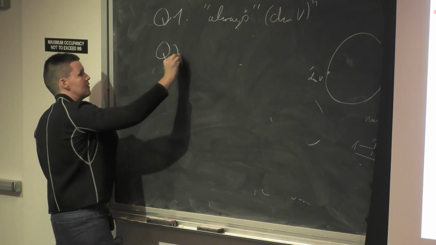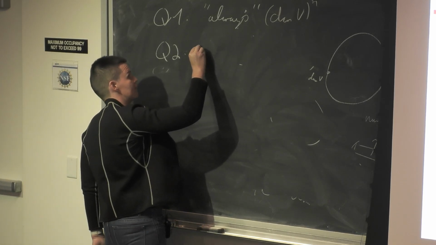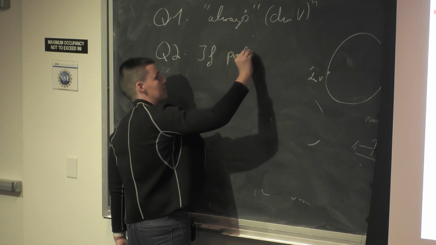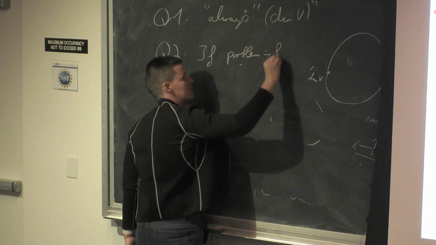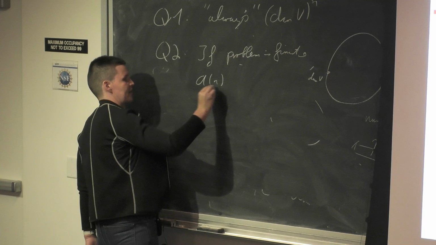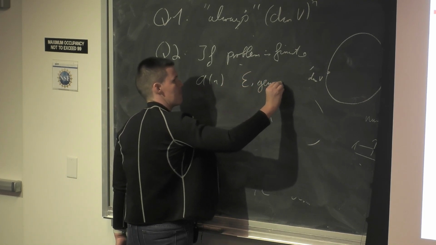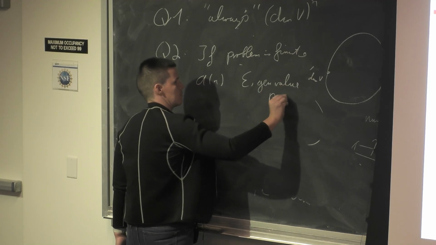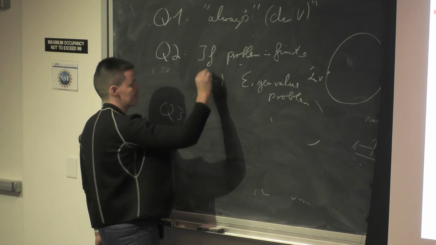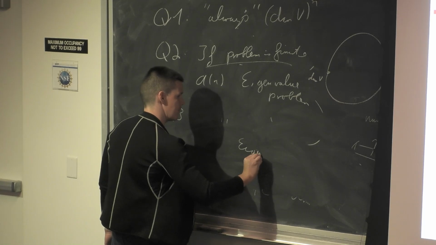Question 2, if my problem is finite, so I have only finitely many decomposables, then the asymptotic formula for a_n is an eigenvector and eigenvalue problem. And question 3, with kind of the same assumptions, is again an eigenvalue problem.